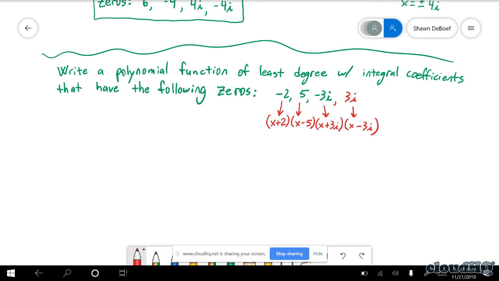We need to multiply this out. Please, please, please save yourself tons and tons of work and multiply the 2 imaginary ones together. Regardless of what else you have, at least multiply those 2 together. Don't try to distribute one of those into a different one. That will cause you some problems. Okay, when I FOIL that out, I get x squared, a -3ix, a +3ix, and then a -9i squared.